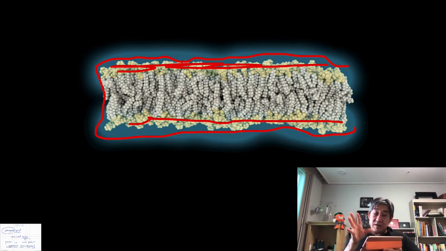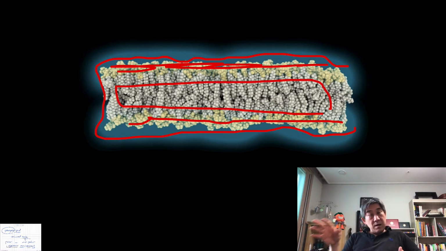And at the same time, the internal area occupied by the hydrophobic fatty acid tails stick together, because by doing so they can avoid contact with the water. And this is, energetically speaking, the most stable configuration.